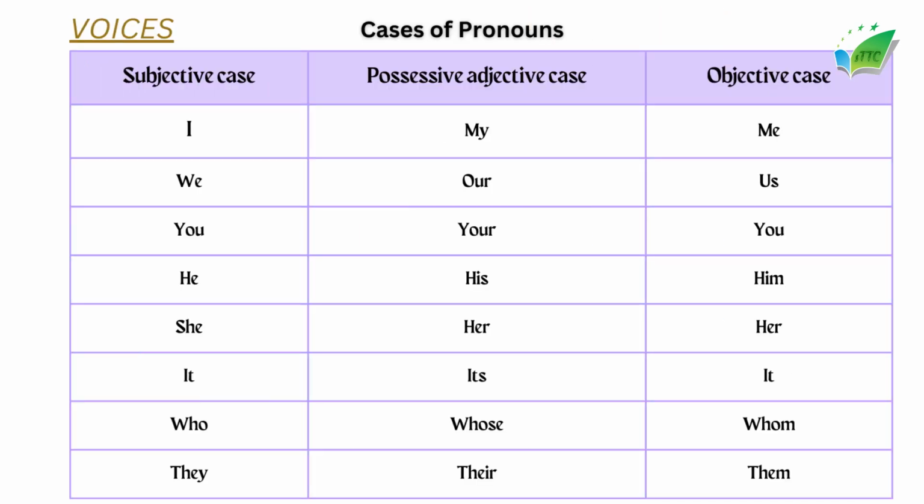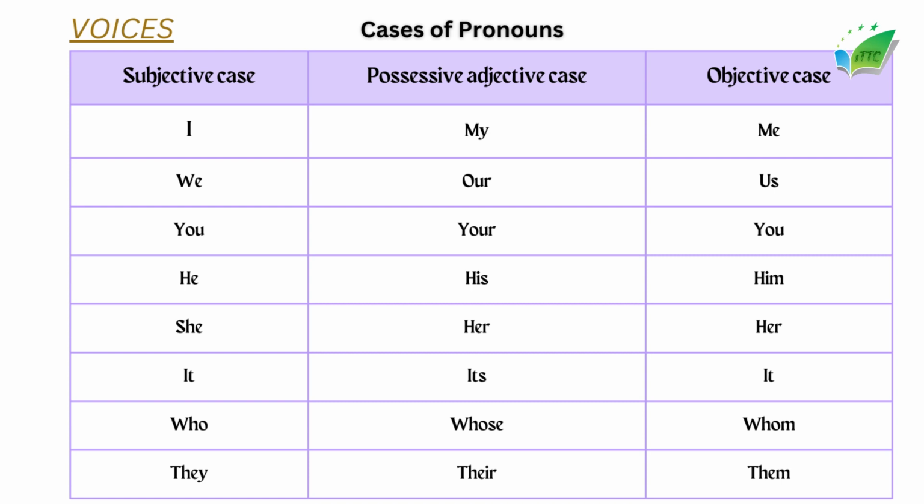Now let's have a look at cases of pronoun. As you already know, if we use a word instead of names or nouns, that word is called a pronoun, and it has many cases. Means we have to consider the position when we have to use it.